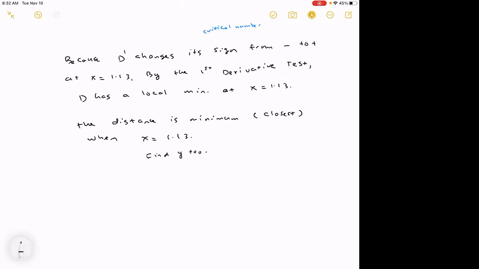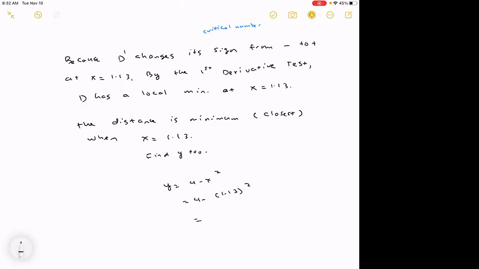You know that our given function is y equal to 4 minus x squared. So 4 minus 1.13 squared. I have my calculator here.